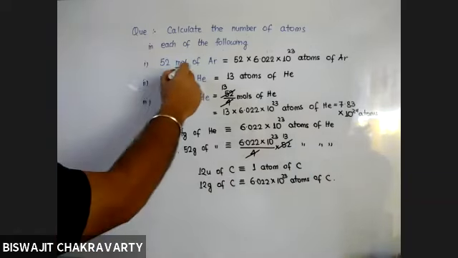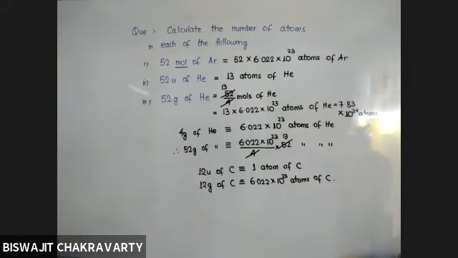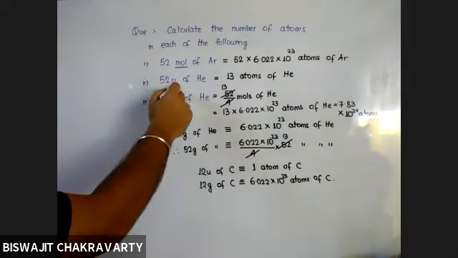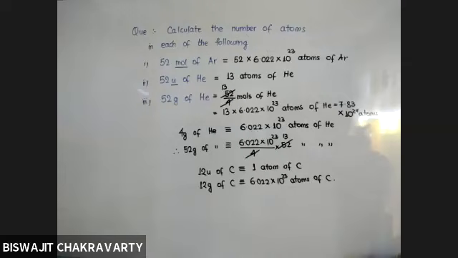So here there was no problem. It is already converted to moles, so I simply multiply with Avogadro's number to convert into atoms. Here it is in U. You need not use Avogadro's number. We will have to use only the number of atoms. So 4U, because the relative atomic mass of helium is 4U according to the list that I have given. If 4U is one helium atom, then accordingly 52U will be 13 atoms.